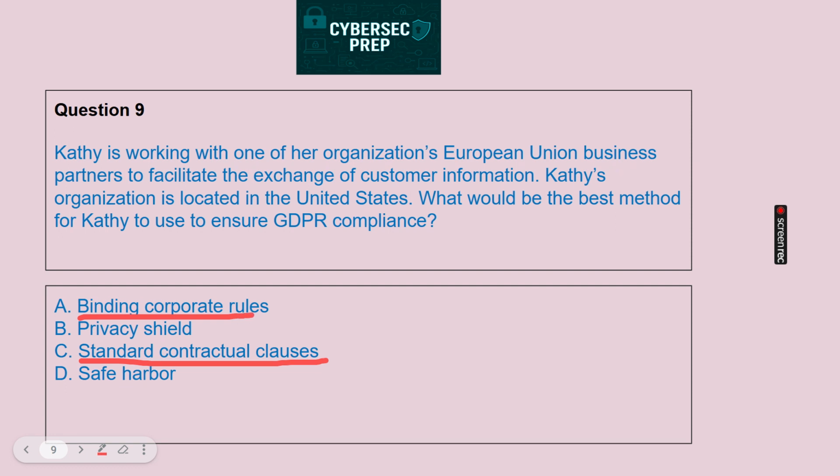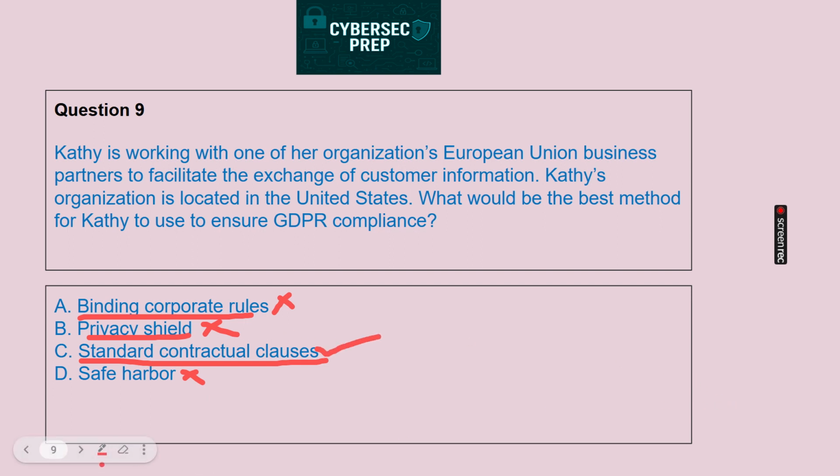But that is not the case here. Here we are talking about two different companies. Privacy shield was a safe harbor agreement that would previously have allowed the transfer, but right now it is no longer valid. So for this question, option number C, standard contractual clauses, is the right answer.